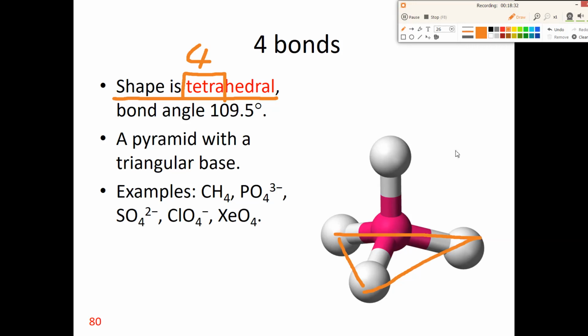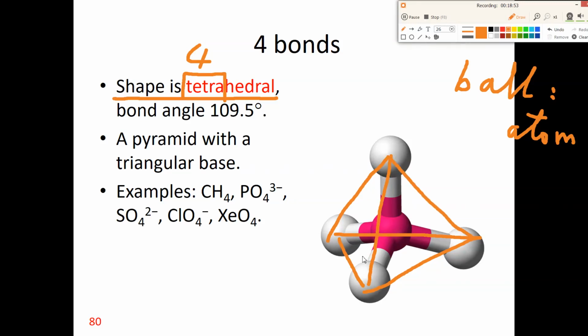The balls are the atoms, and the stick is just a chemical bond. If you draw the bottom three atoms like a triangle, with this one on top, it has four faces, each face a triangle. That's why I call it tetrahedral.